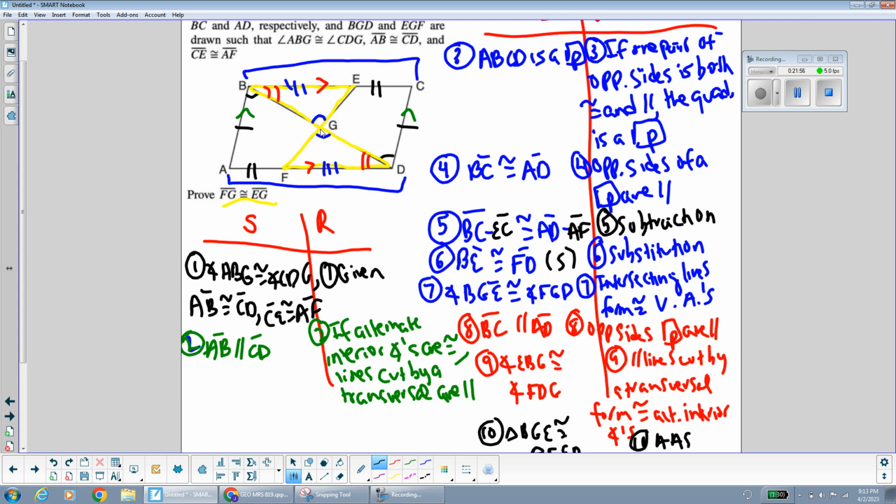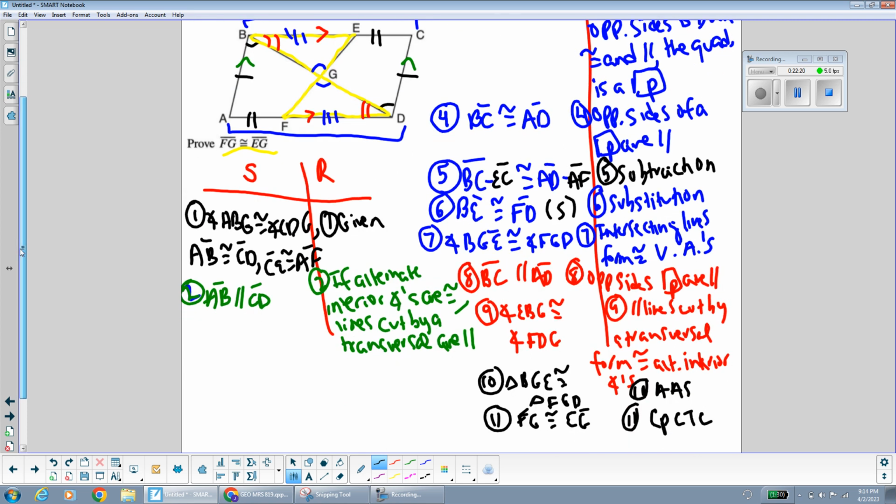And then I need to get my last pair of angles, which are these alternate interior angles. But before I can mention them, I do need to say that the lines forming them are parallel. So I said that BC is parallel to AD in my next step. And my reason for that is opposite sides of a parallelogram are parallel. And then I can say that my alternate interior angles are congruent because we have those parallel lines cut by a transversal.